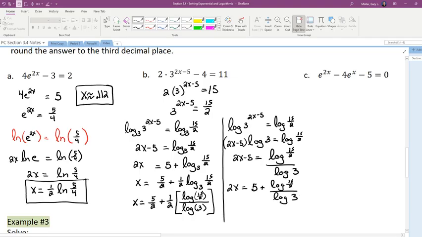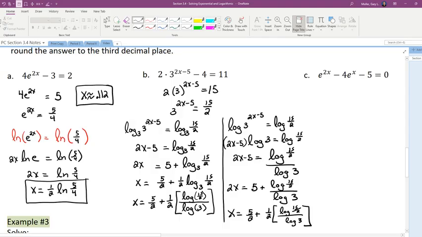And then I would divide both terms by 2, and I get x equals 5/2 plus 1/2 of log of 15/2 divided by log of 3, which is the exact same place I got right here.